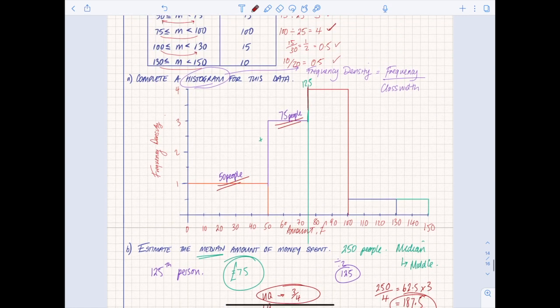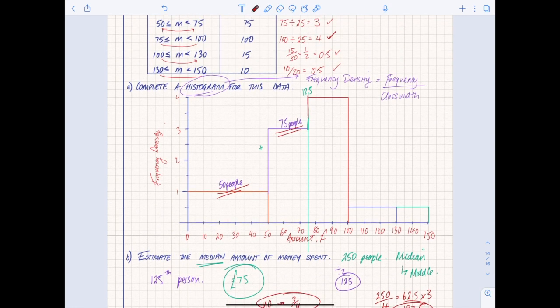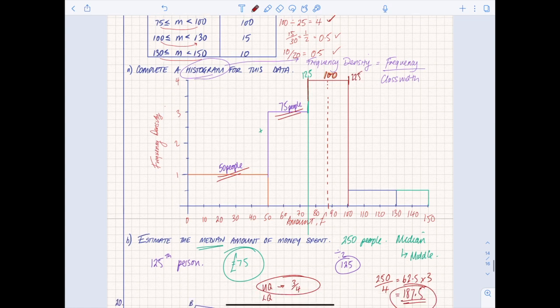Now in this next bar, between 75 and 100, there are 100 people in here. So this bar is 100 people. What we can actually do is split this bar down the middle, because at this point here, that's 225 people. I'm looking for the 187th person.